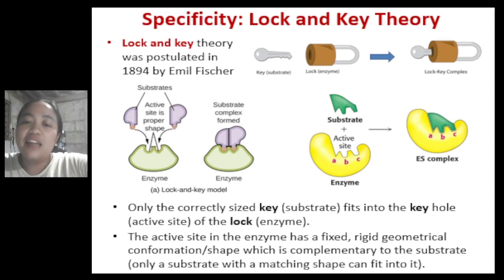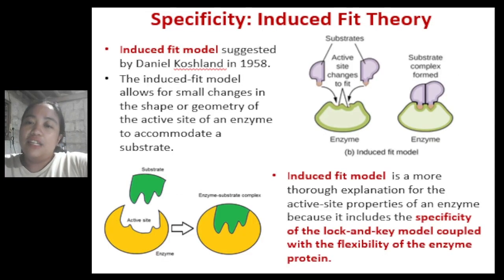So the active site in the enzyme has a fixed, rigid geometrical conformation or shape which is complementary to the substrate. So only a substrate with a matching shape can fit into it. So that is for lock and key. But because of its strictness, we now have an induced fit theory.